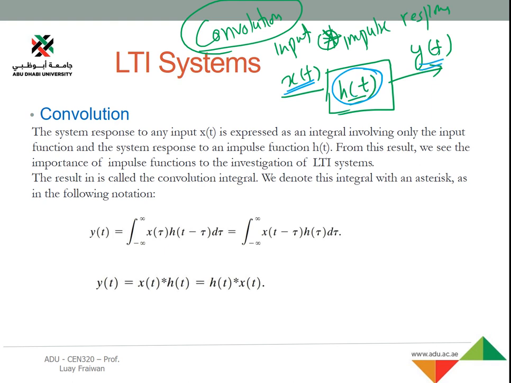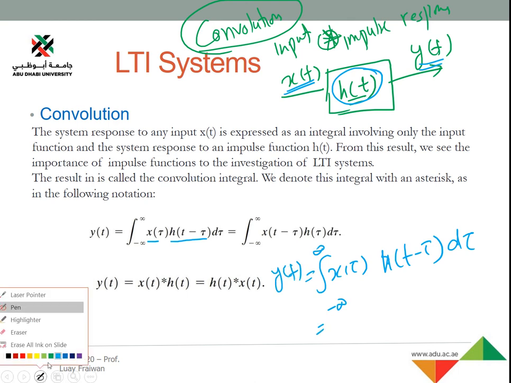We have the input, multiply it with the shifted impulse response, and integrate over the complete time interval to get the output.